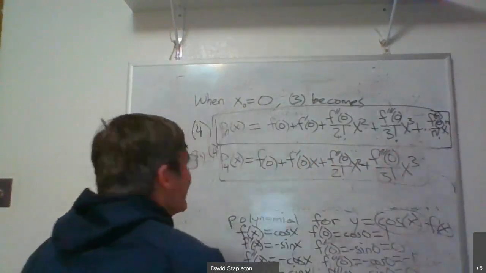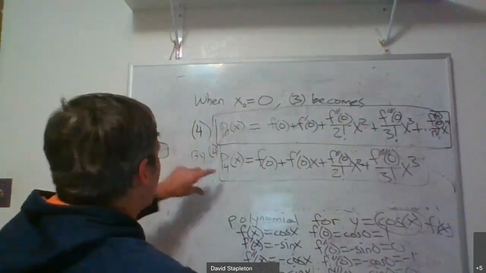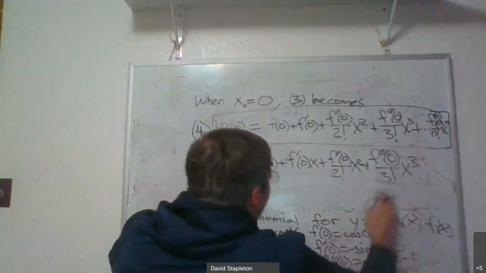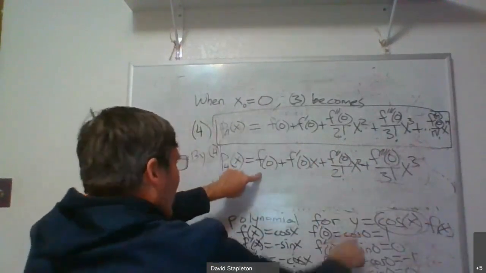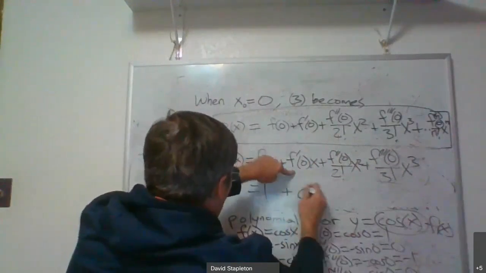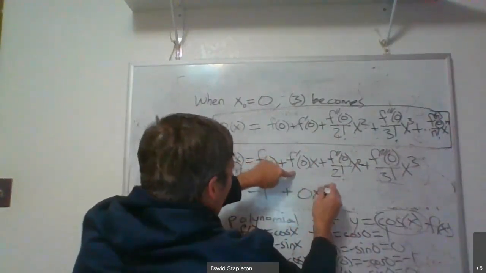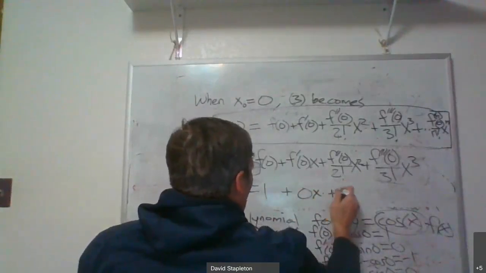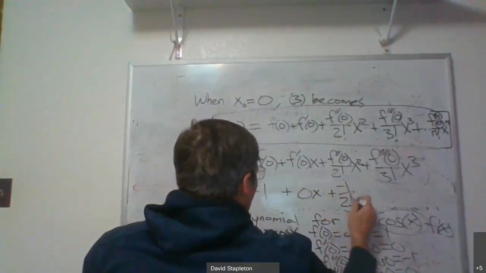So what is that? F at 0 was 1. F prime at 0 was 0. Plus f double prime is minus 1, so minus 1 over 2 factorial x squared.